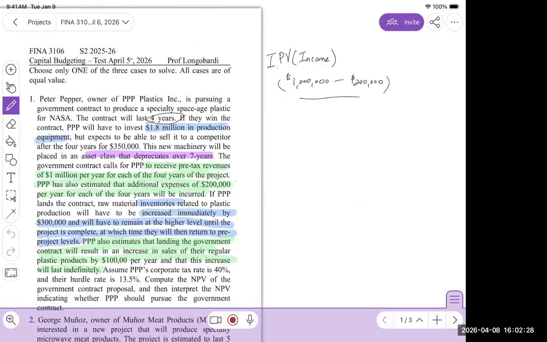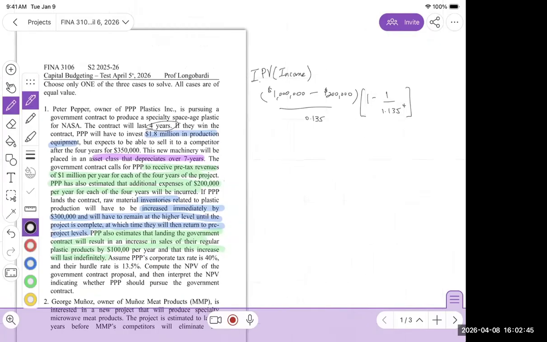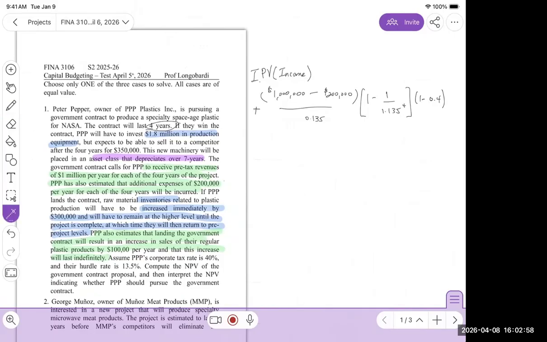So that's going to be an annuity at the discount rate of 13.5%, and it's going to be for 4 years. And the last step is after tax. So 1 minus 0.4. So that's one part, and that's going to be a positive because we're adding revenues minus expenses.